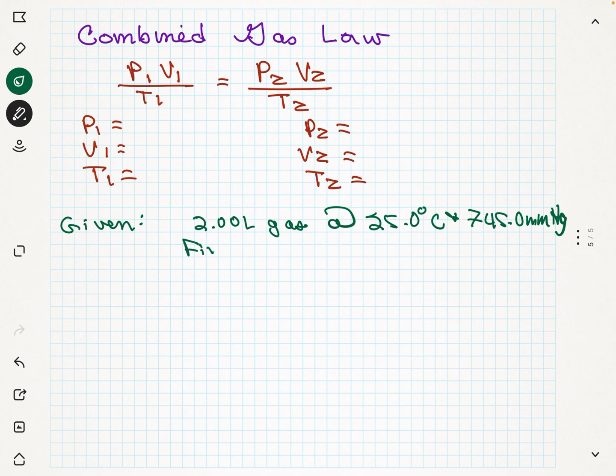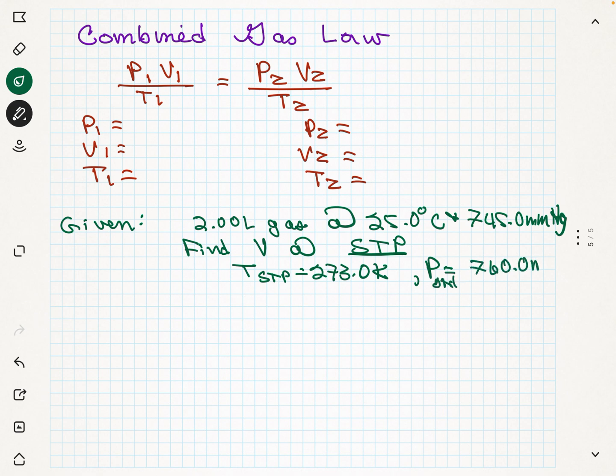We're asked to find the volume at STP. STP, you've got to know this. T at STP is 273 Kelvin. I'll go 273.0 to match. And P at standard pressure is 760, and I'll just match this. So we can fill these out as follows.